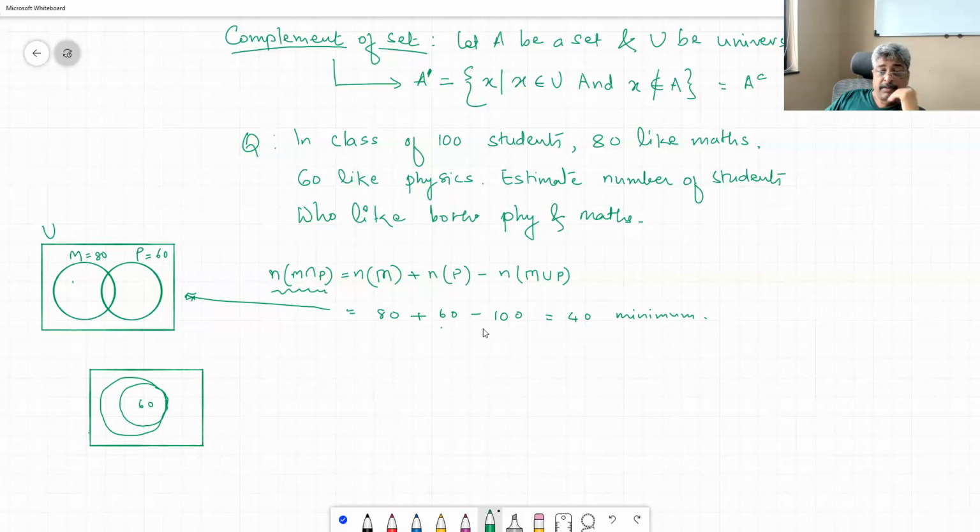So maximum is 60. Okay, so it is not a simple example. Unless you have complete understanding of this, you won't get the answer right. Now, the second question I can ask is the number of students who do not like either maths or physics.